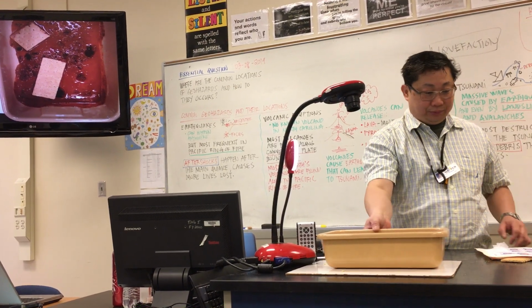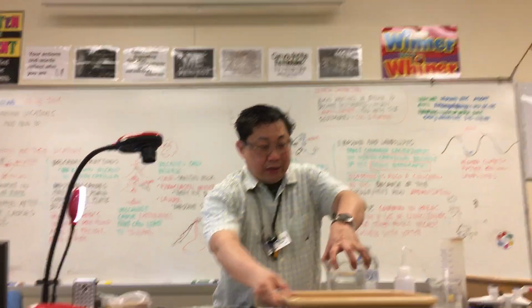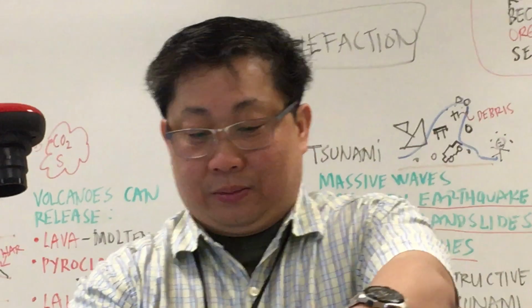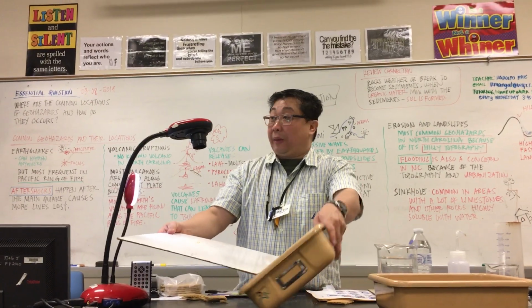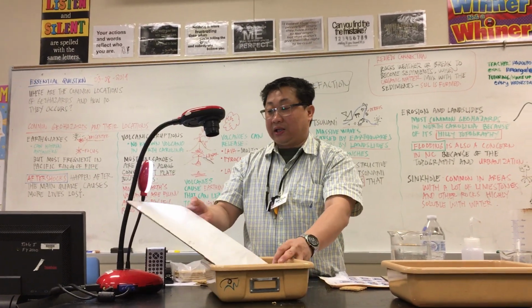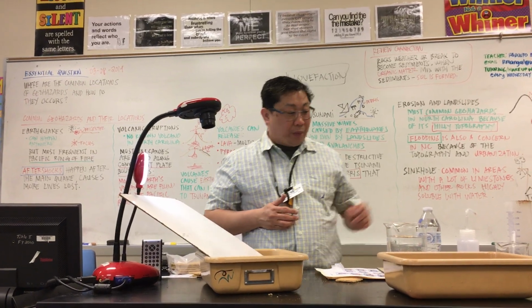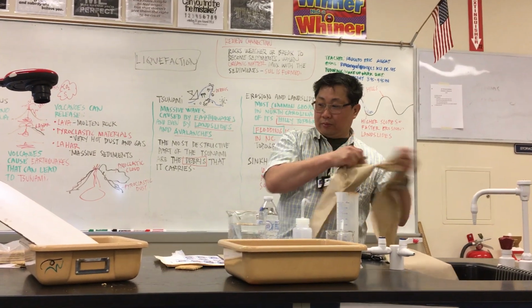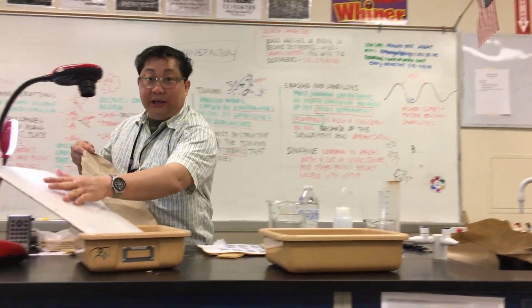Now, an earthquake can also cause other things. If it happens in North Carolina, hopefully it doesn't really happen because it's not very common to us. Because of our hilly topography, this is a hill.